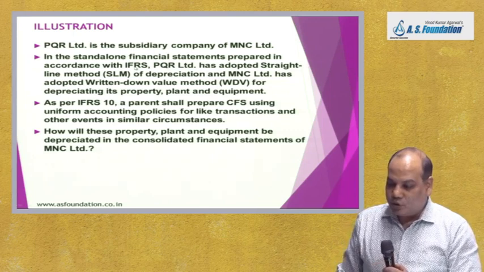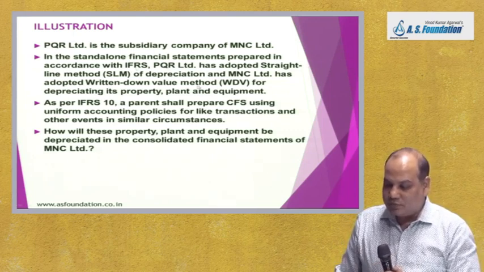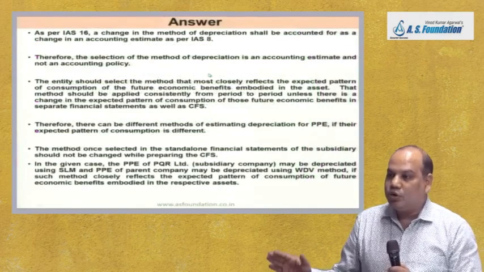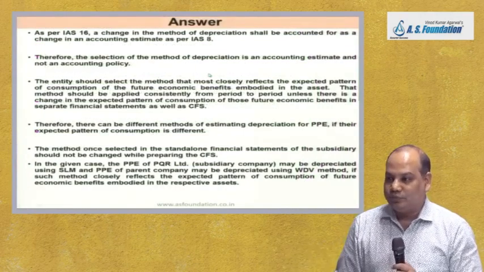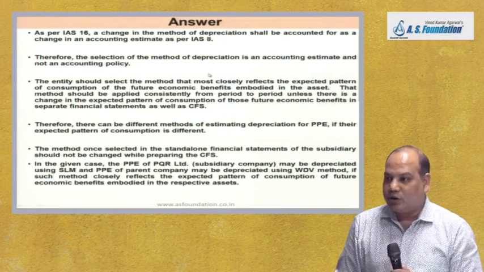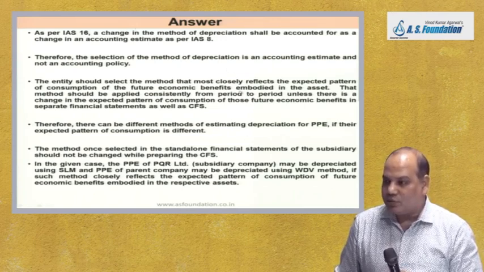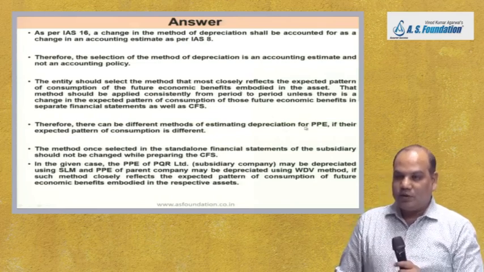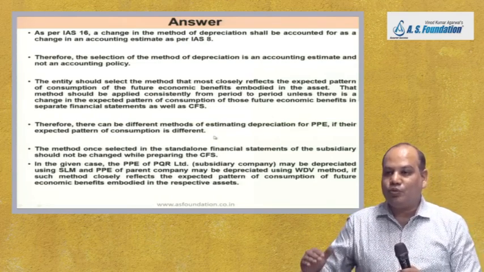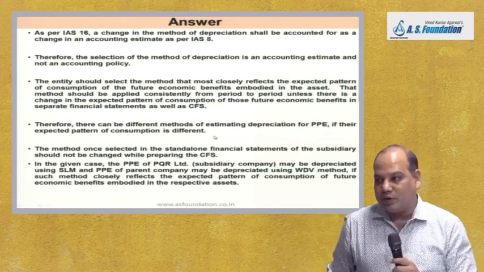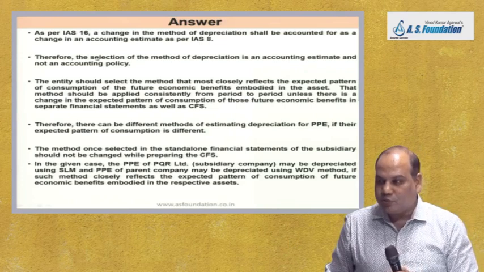So if their use is different, the nature of the asset is different, then you are allowed to follow different accounting policy for PPE item. So if they can demonstrate that the purpose, use, nature of the use of that PPE is different, they can continue to follow SLM in the books of one party and WDV in the books of other party. So this way you have to present the answer.